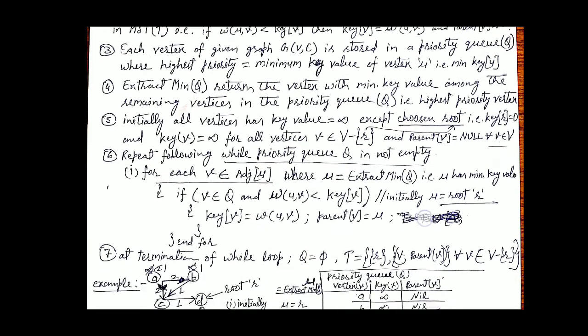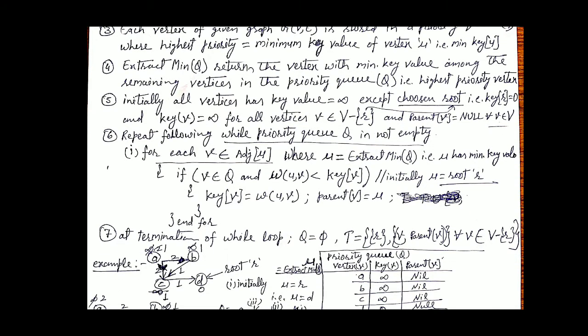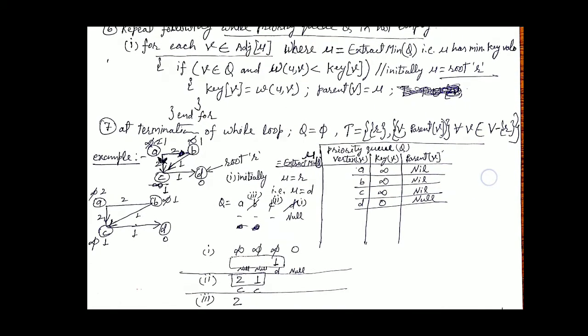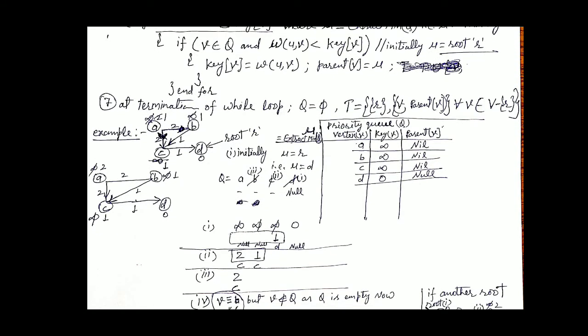Initially we will put all the vertices of the given graph with the key value equal to infinity except the chosen root, for which the key value is kept 0. This can be shown in the example.